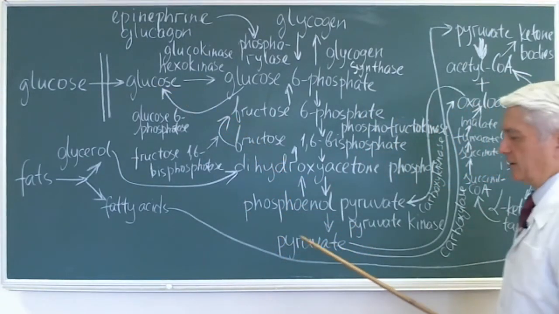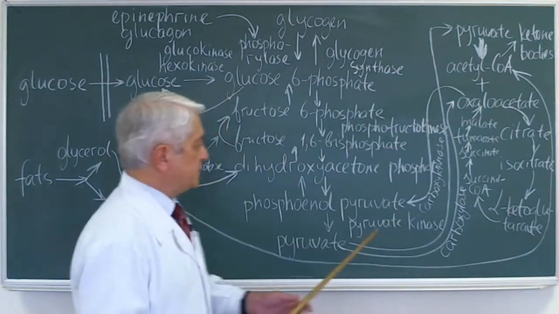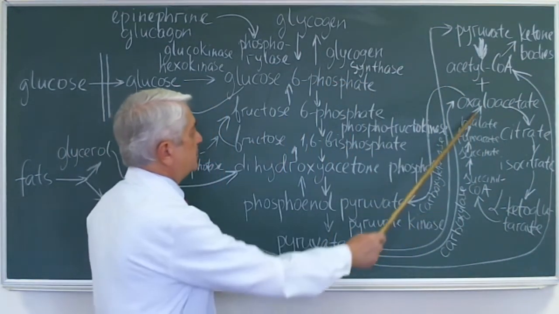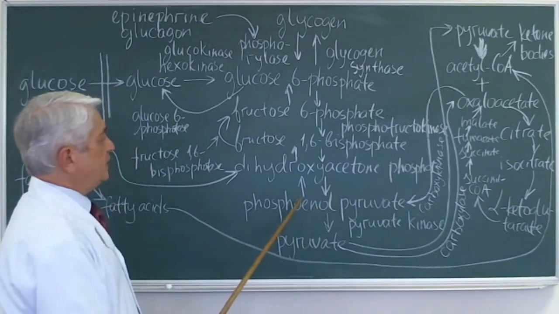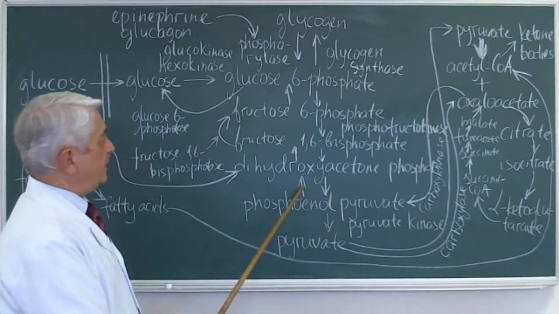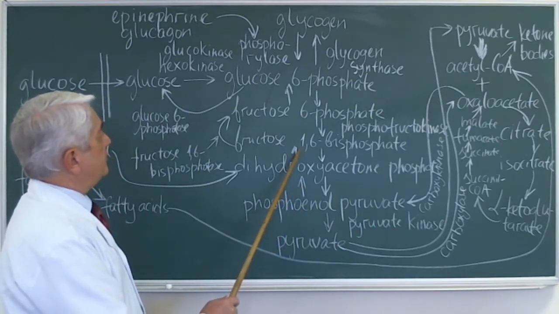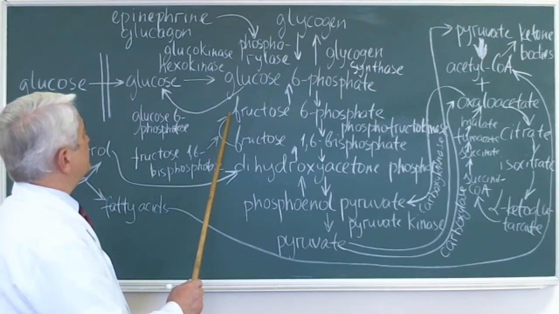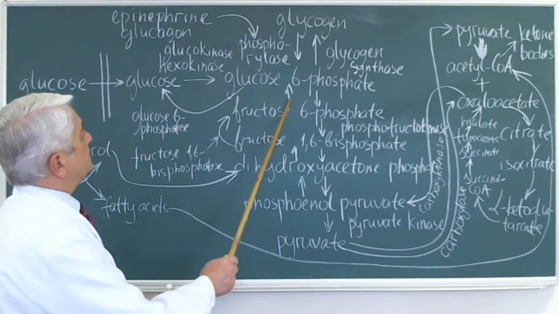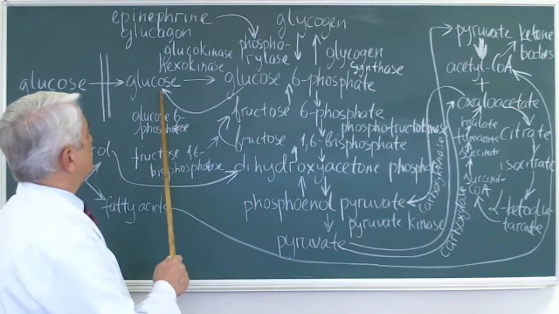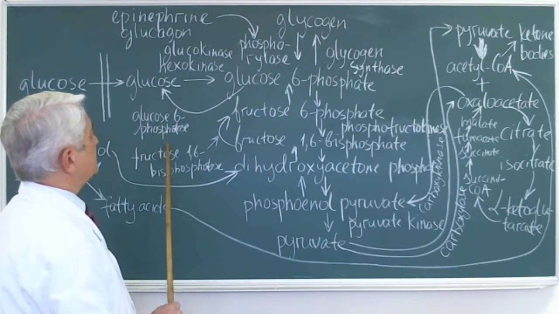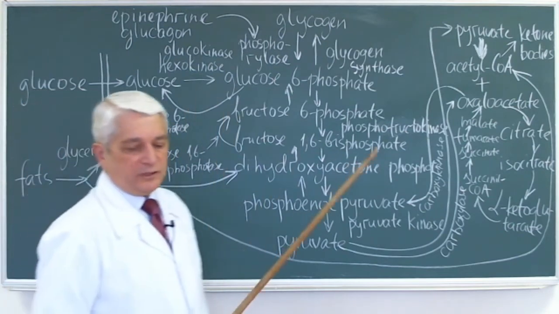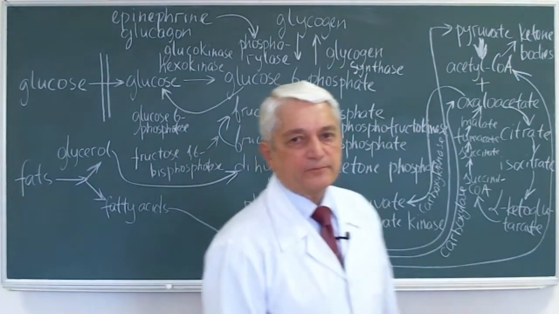The way back, I shall remind you, is like this: oxaloacetate, phosphoenol pyruvate, then simply back, then this reaction with fructose 1,6-bisphosphatase, then simply back, and this reaction with glucose 6-phosphatase, and we are receiving glucose.